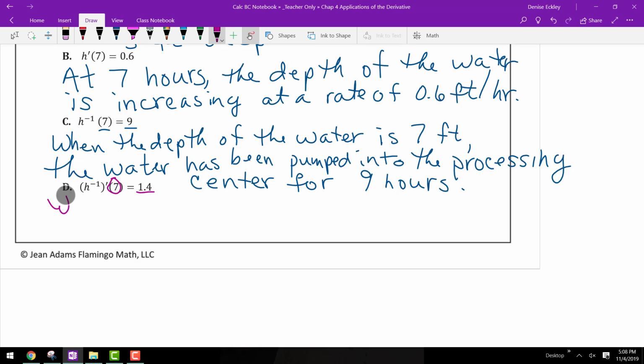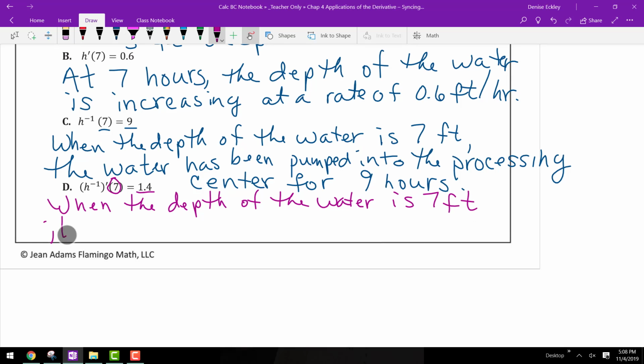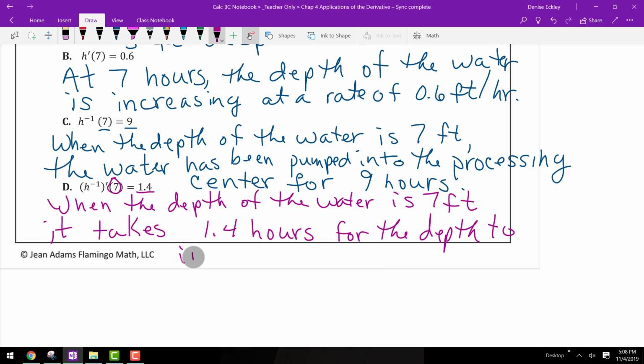So we're going to say when the depth of the water is 7 feet, it takes 1.4 hours for the depth to increase, because it's positive, 1 more foot. So it's looking at the rate upside down.